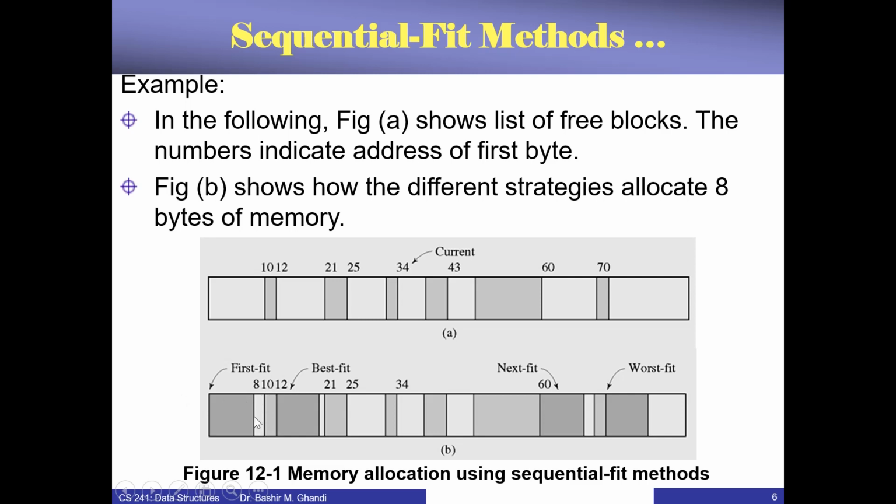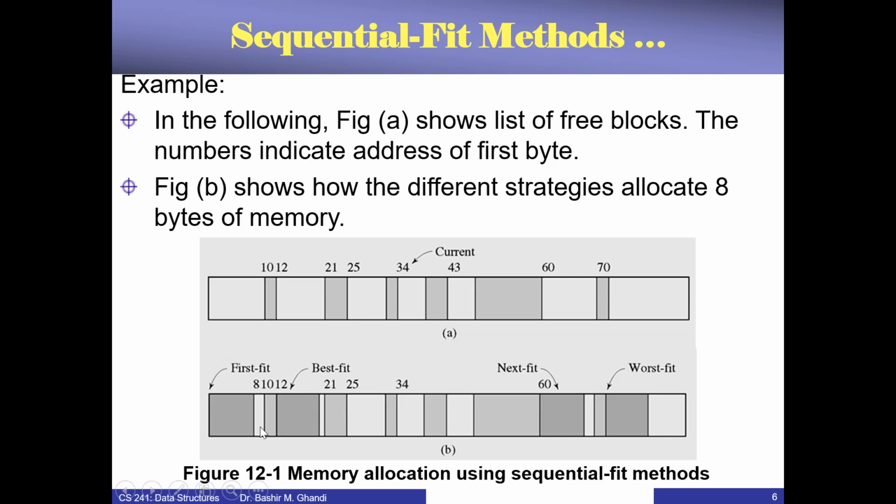This is an example of external fragmentation. We have a balance of 2 bytes here, which is too small to be used by programs. If we have many such small blocks, they are basically wasting the memory, and therefore they are called fragmentation. And because they are within the free blocks, this is called external fragmentation. So these 2 bytes left out of the 10 are going to be externally fragmented.